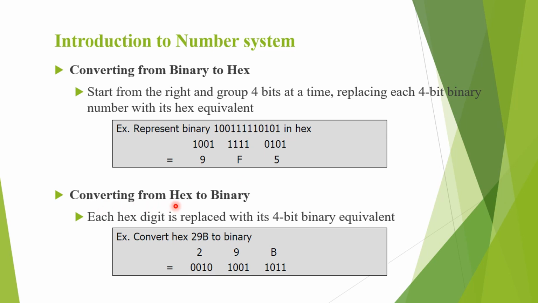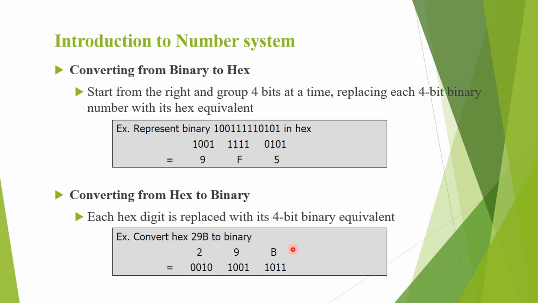Similarly, we can convert from hexadecimal to binary. So each hexa digit will be replaced by the binary equivalent, that is in 4-bit form. So every hexa digit will be replaced by the binary equivalent. So hexa number 29B is to be converted to binary.